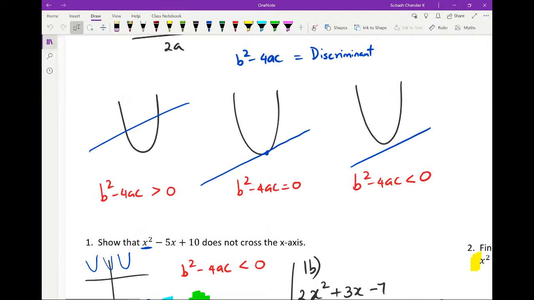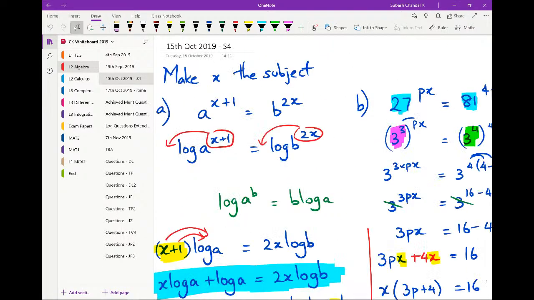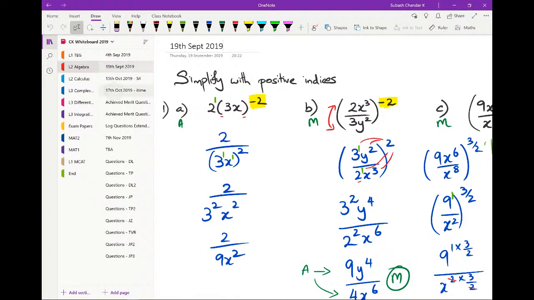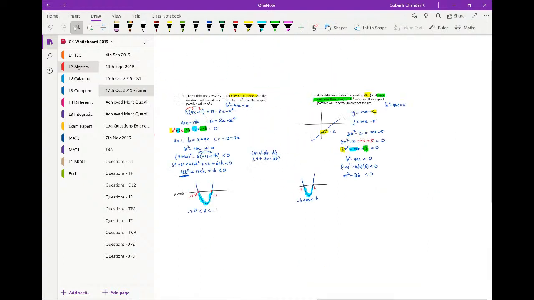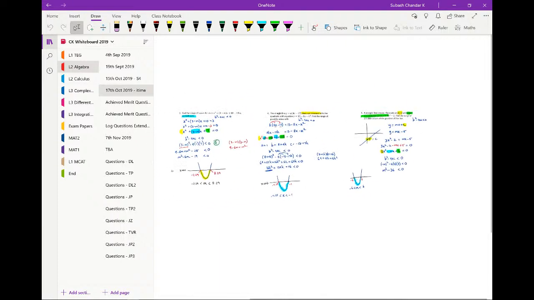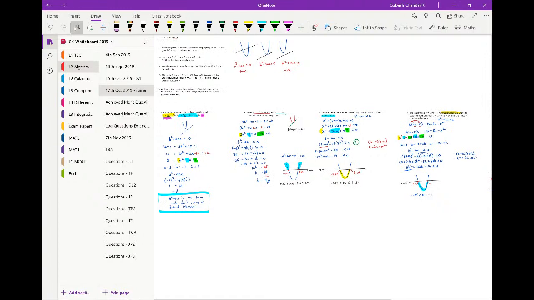So it teaches you how to write it in different ways, but I think I also did it a couple of other times. Let me just double check. Yeah, and also check out the 17th of October one.